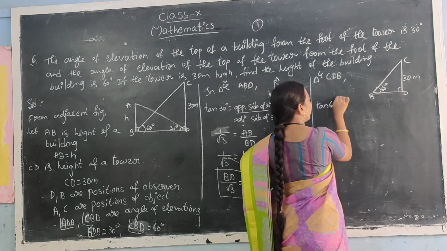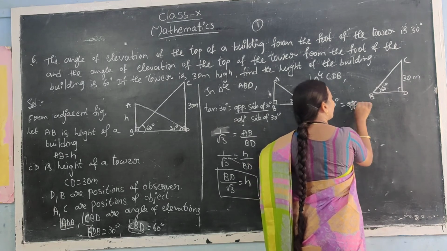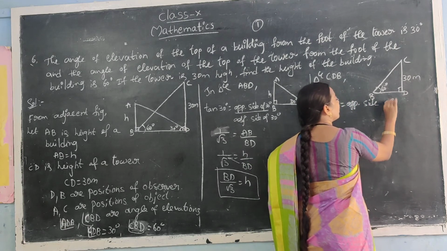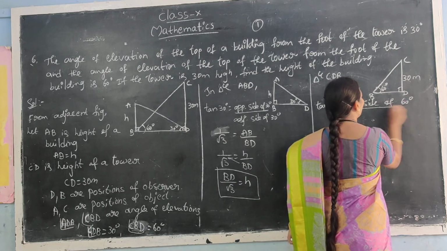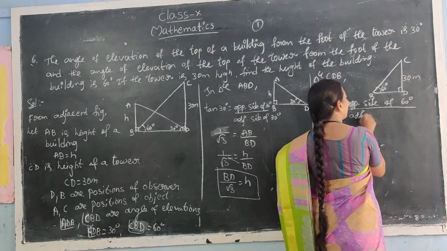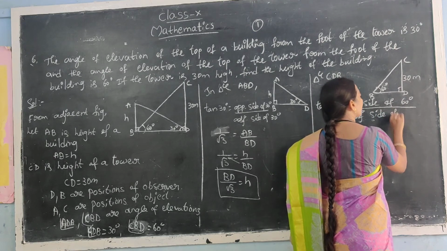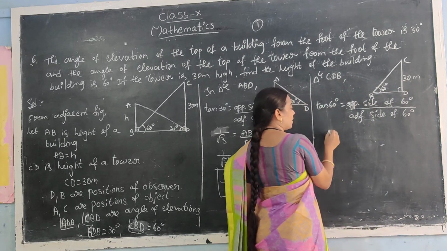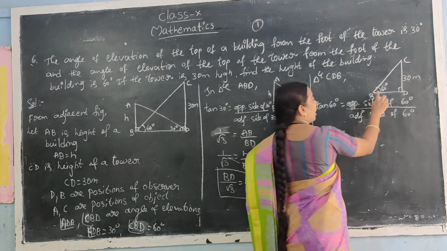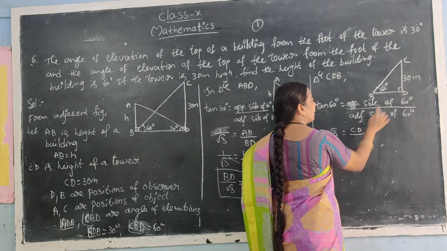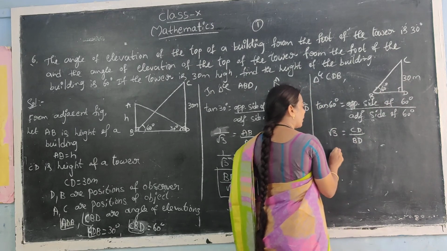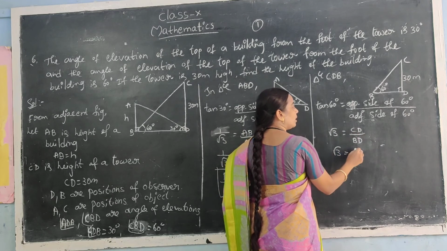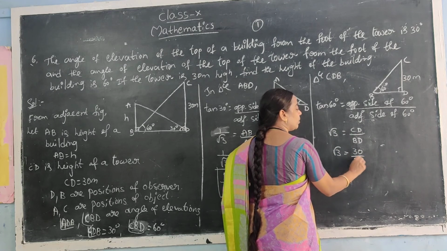Tan 60 is equal to the opposite side of 60 degrees by the adjacent side of 60 degrees. Tan 60 value is root 3. Opposite is CD and adjacent is BD. So root 3 is equal to CD, already given as 30 meters, by BD.